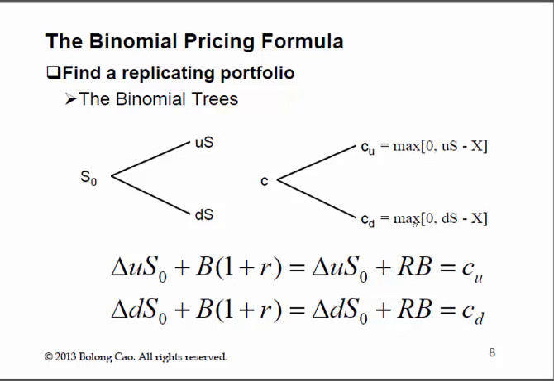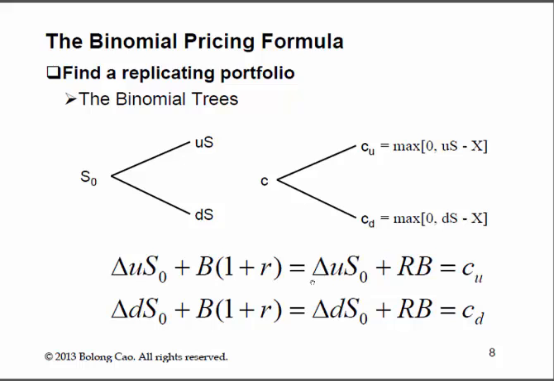Based on the call payoff formula, this is exactly ST minus the strike price, and we always take the maximum between 0 and the payoff. So these two numbers are known numbers, and all we need is their expression.